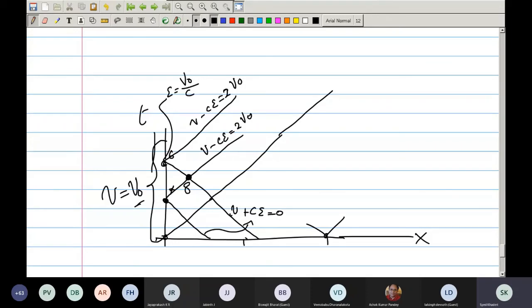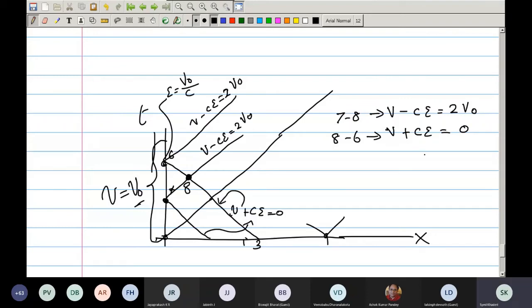So what is happening at 8? 8 is being intersected by line, let us say this is 3, 6 and this 7, 8. Along this line 7, 8, I have the condition that v minus c epsilon is 2v0, and along this line 8, 6, I have the condition that v plus c epsilon is 0.